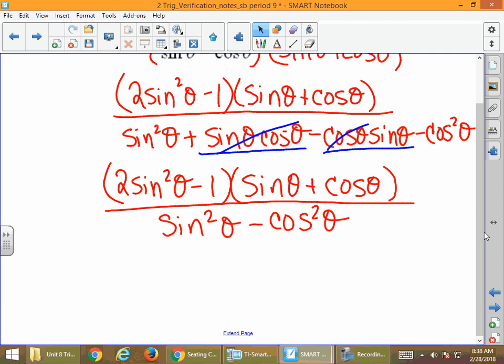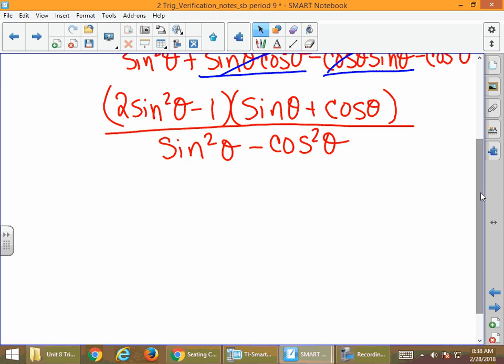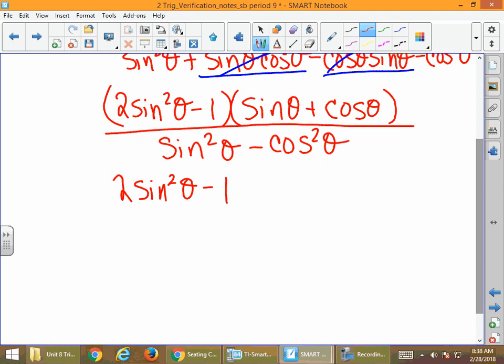Because we want to keep the sine theta plus cosine theta. That's what the other side of the equation is. So what am I saying here? Let's write, and that might help. 2 sine squared minus 1. That's the value that we're hoping to cancel out. Sine theta plus cosine theta is what's on the other side. We eventually want to get our left side and our right side to be equal to sine of theta plus cosine theta.